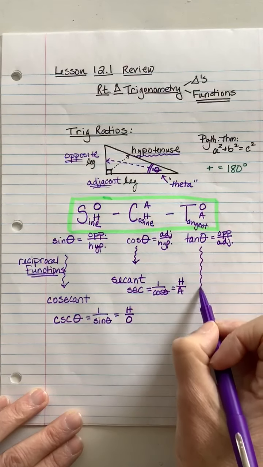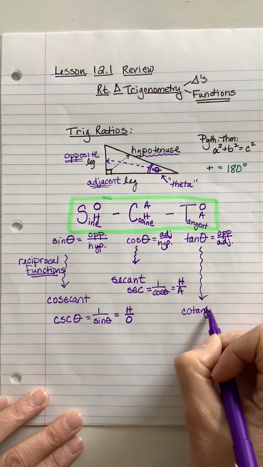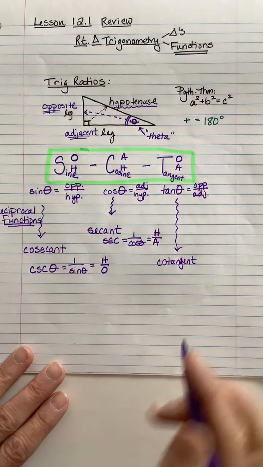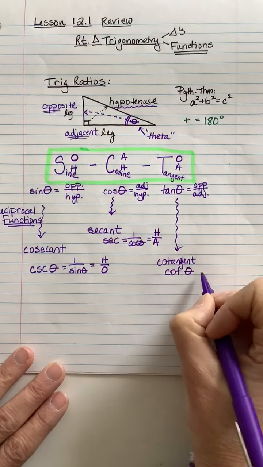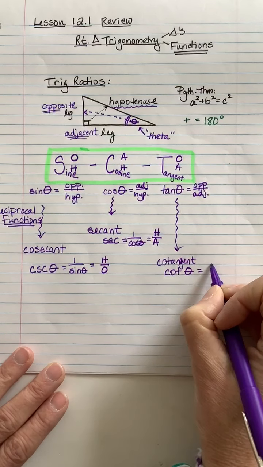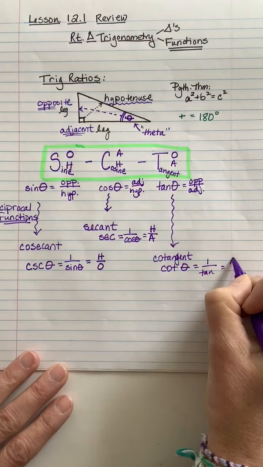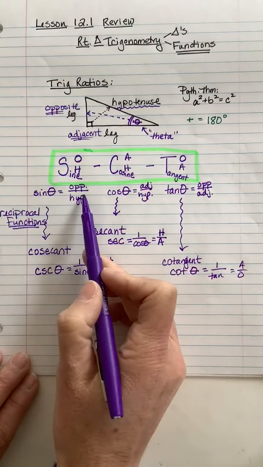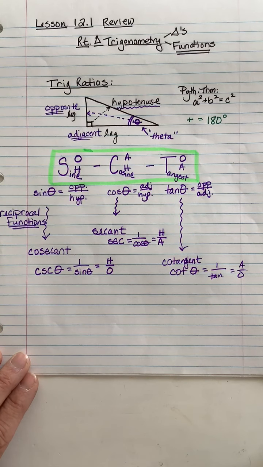And then the very last one deals with tangent, and I'm going to have the cotangent, if I can spell right, cotangent, which is going to be COT of any angle, which is 1 over the tan, or adjacent over opposite. So rather than just our 3 trig functions, we actually end up with 6 trig functions.